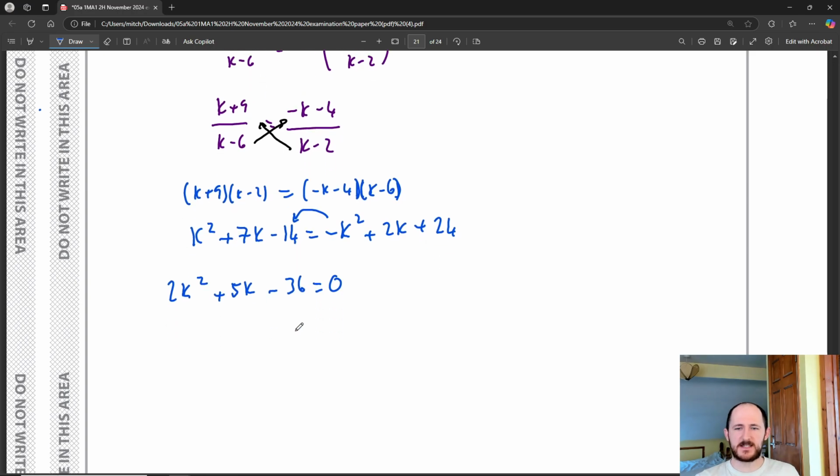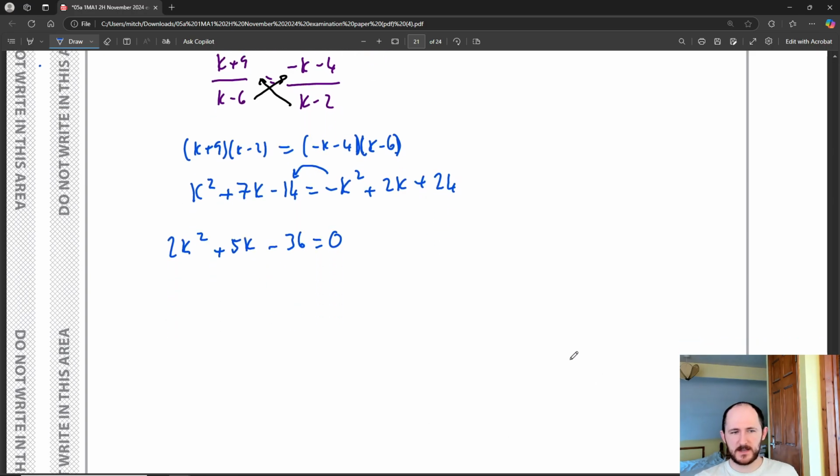Instead, I might just use the quadratic formula. Whichever way you do it. In fact, I might just give you the factorizing, and I might give you the quadratic formula. So, if you were to factorize, your final answer would be what? K plus 6, 2k minus 7.